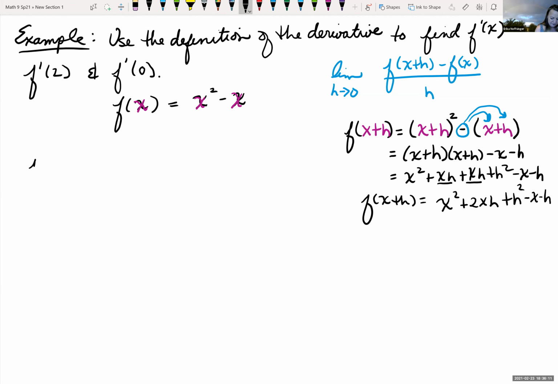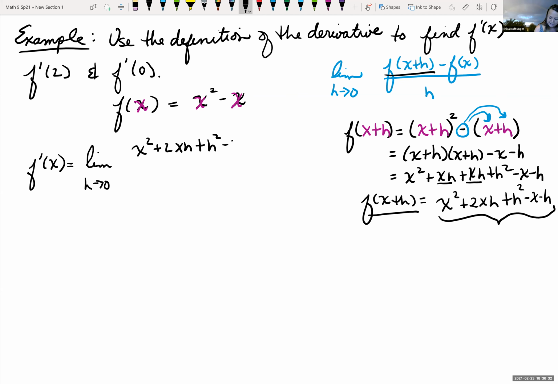So we're looking at f prime of x. This is equal to the limit as h approaches 0 of our f of x plus h piece, which we just found, let's just put it in there, to be x squared plus 2xh plus h squared minus x minus h.